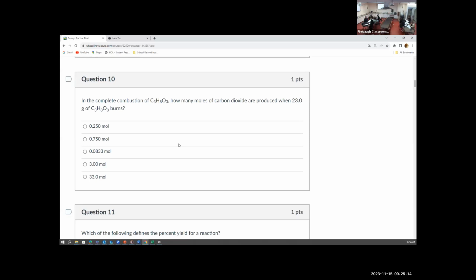Okay, number 10. In the complete combustion of C3H8O3, how many moles of carbon dioxide are produced when 23.0 grams of C3H8O3 burns? Okay, you guys have answers? Everybody put up their answers.